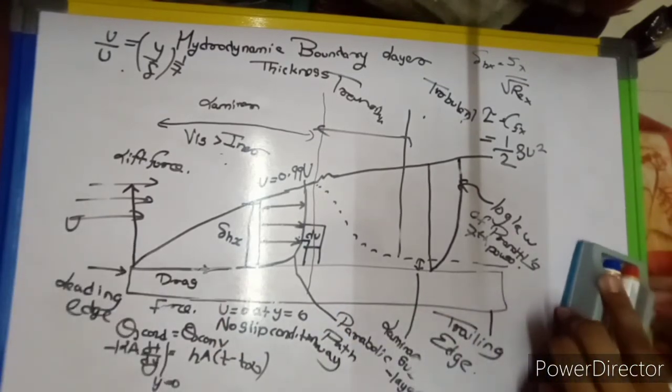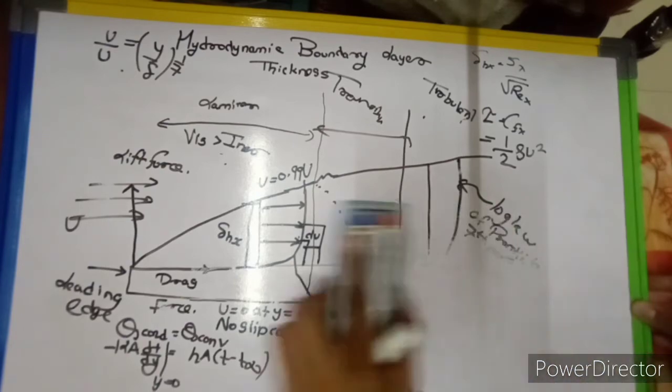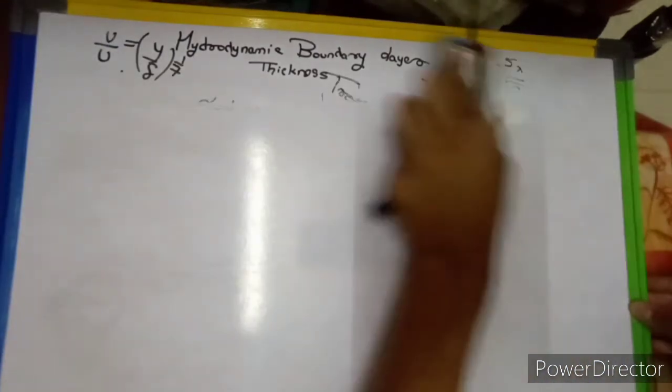Now next, we will write some formulas. So the first formula is the Reynolds number, which is given by rho u L by mu. Since nu is equal to mu by rho, U L by nu.